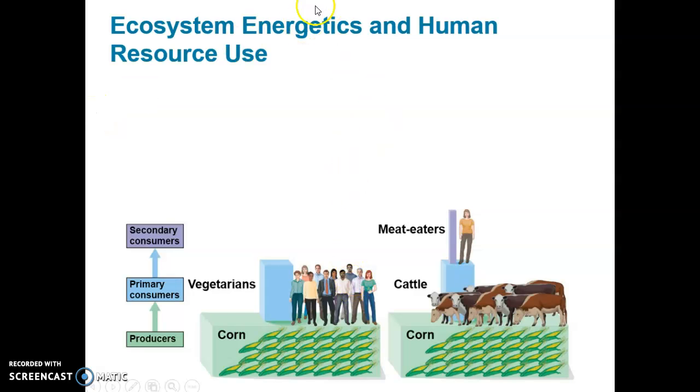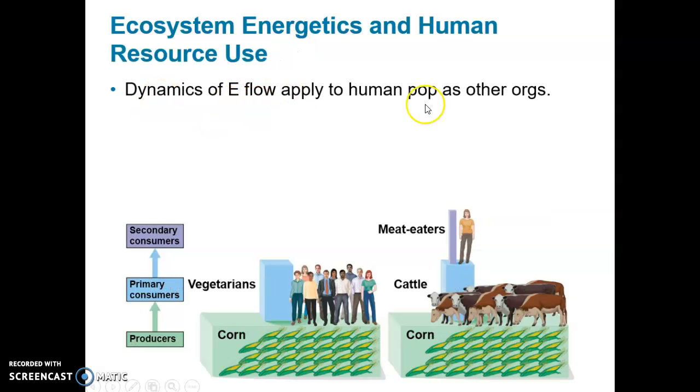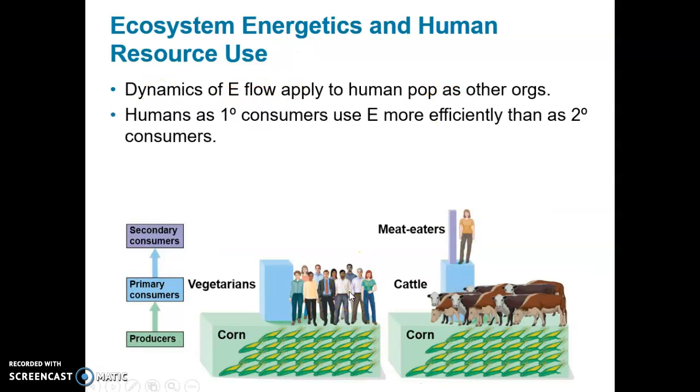So a little bit on humans and how we fit into this whole trophic level business. The dynamics of energy flow can apply to humans as well. Humans, if they are primary consumers, use energy much more efficiently than as secondary consumers, because humans can be vegetarians and be completely healthy. But that means they're lower on the food chain, or lower in the trophic level hierarchy.